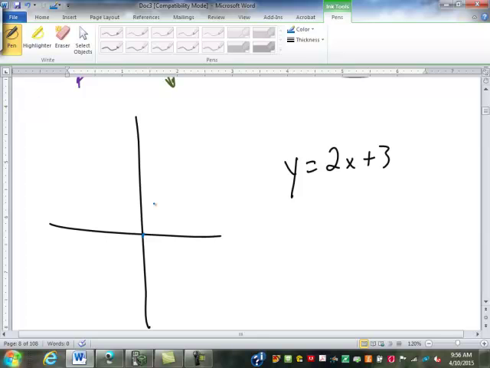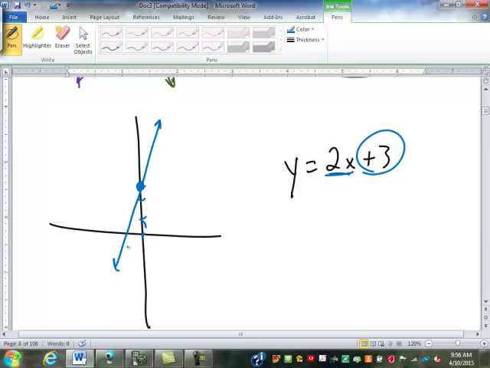Not only is it the starting point of the graph itself, but it's the starting point of the graph of every line or other shape that we do. So if we start there, the positive 3 tells us that we're going to move up 3. And that we're actually going to start up there at positive 3 instead of at 0. The 2 multiplying the x tells us that this line is a little bit steeper, like this.